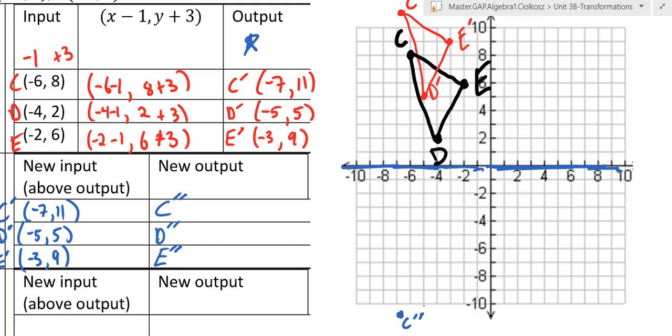Its coordinates are negative 7, negative 11. D looks like it's 1, 2, 3, 4, 5. D double prime. Its coordinates negative 7, negative 7. Also, totally counted wrong there.